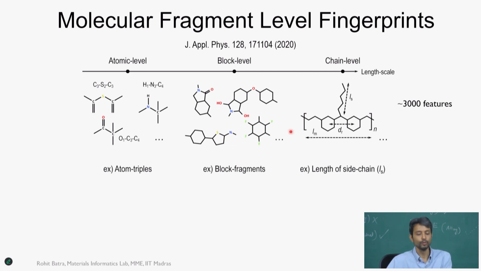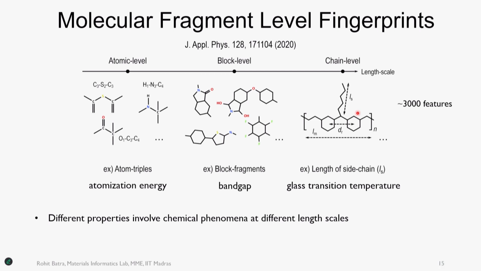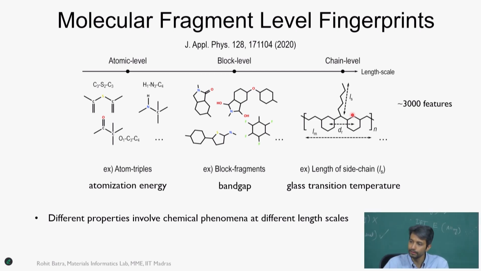Okay, so this is one way people have been doing polymer fingerprinting or even organic fingerprinting, whether molecules or polymers. For ligands, you can also represent them through SMILES, right? So whatever you can represent through SMILES, you can do it this way.